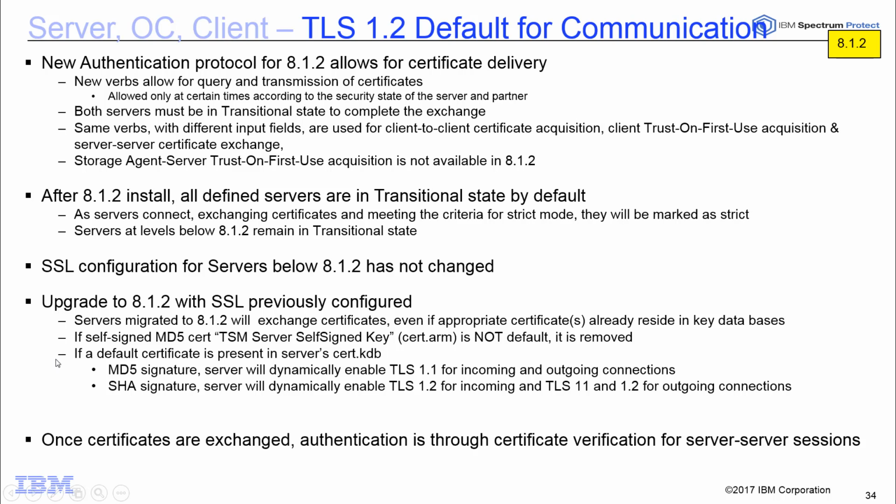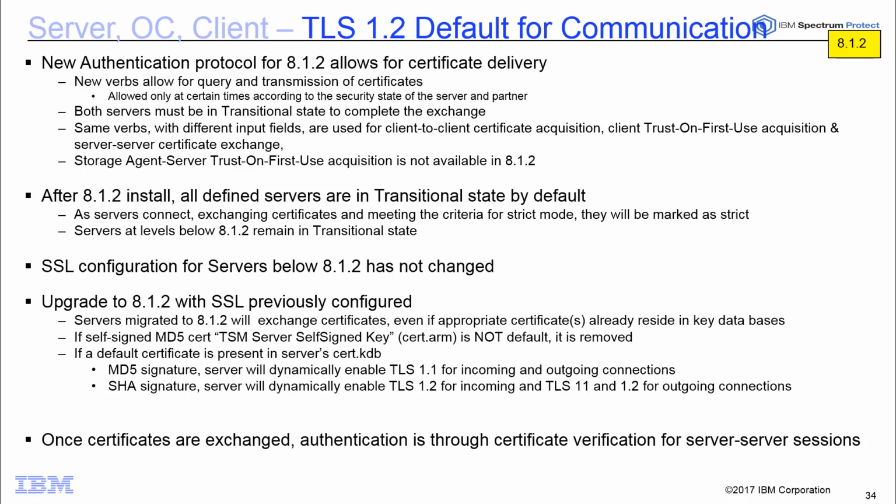Now, if you do upgrade a server that previously had SSL defined to 8.1.2, the servers will be migrated and we will try to exchange the certificates automatically. If there is a self-signed MD5 certificate on that server, once we upgrade it, and it is not set as the default certificate, that certificate will be removed.